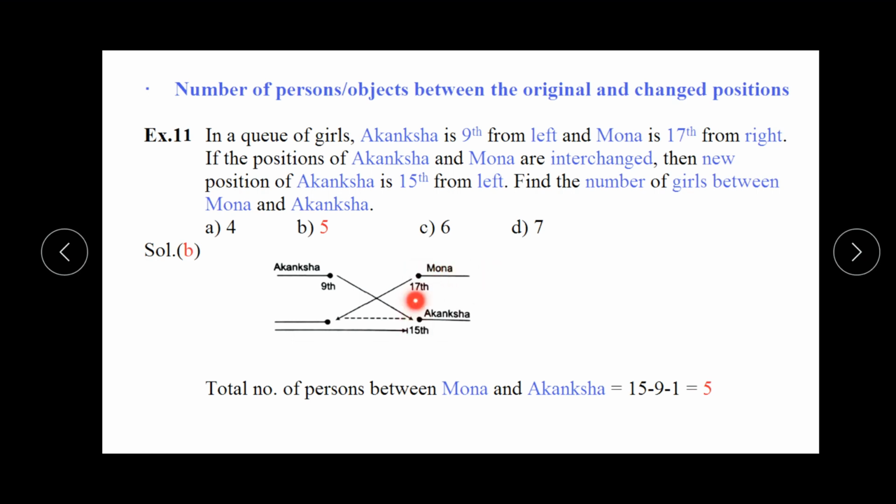Mona we have taken, but this is only the position. This is the formula. 15 minus 9 minus 1 is equal to 5.